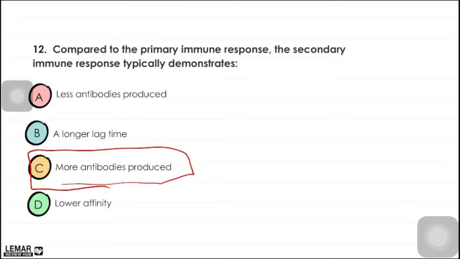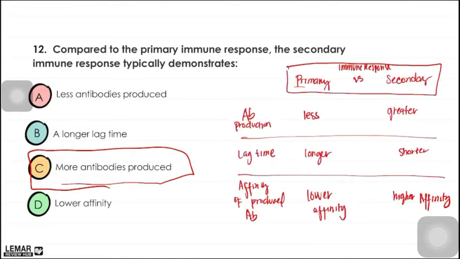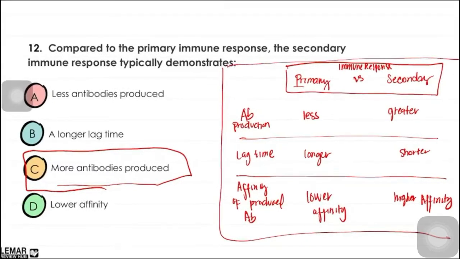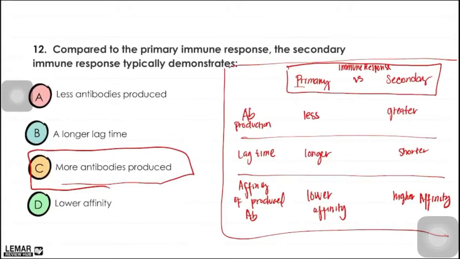So that's the difference between the primary and secondary immune response. Number 12, it is letter C. To summarize, number 12, more antibodies produced in the secondary immune response.